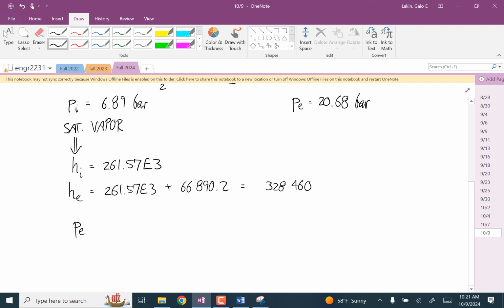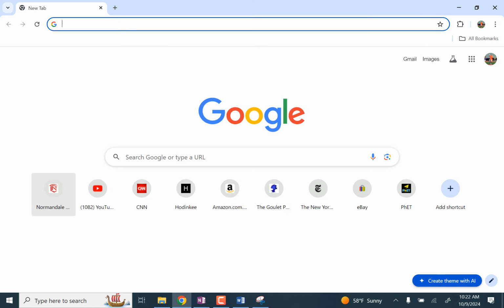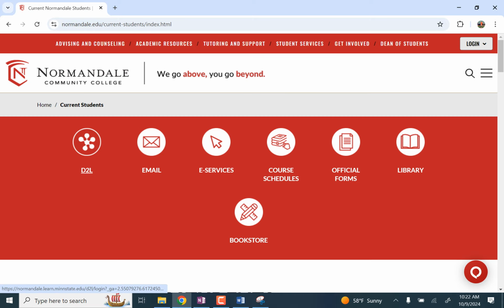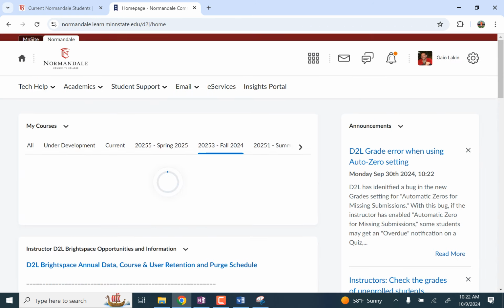So we're looking for a pressure of 20.68 bar and a specific enthalpy of 328.5 kilojoules per kilogram. And it asks for the temperature, is that right? Yes.